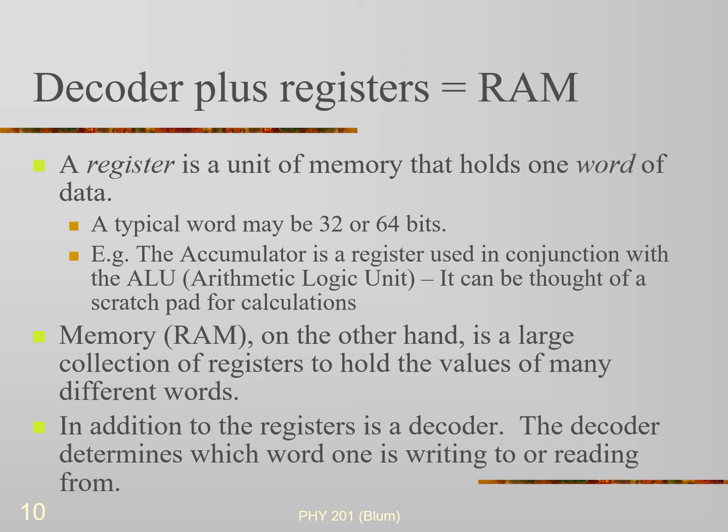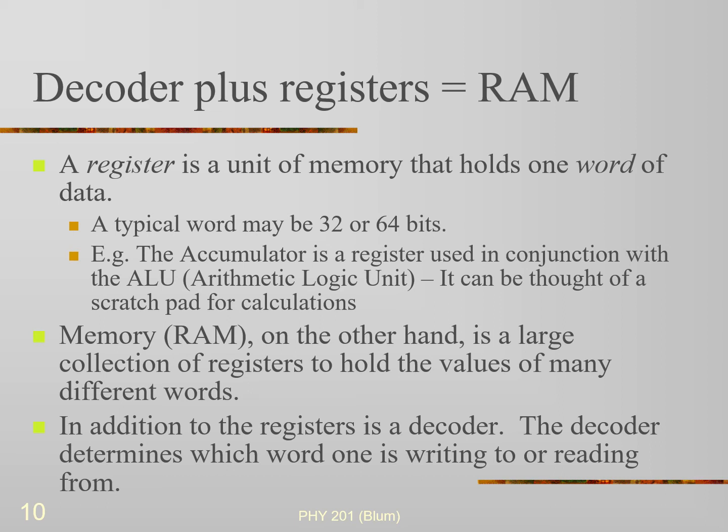Anyway. Memory, or RAM, random access memory, on the other hand, is not just a single register, but a large collection of registers that hold lots of different things, data or instructions or what have you. And then, in order to function, random access memory needs to be able to pick one of the registers, one of the locations, and access it.